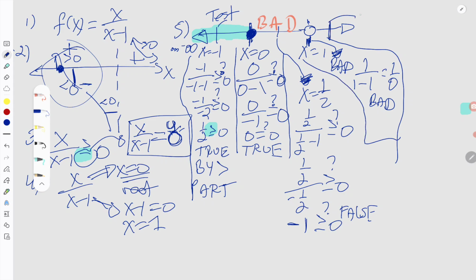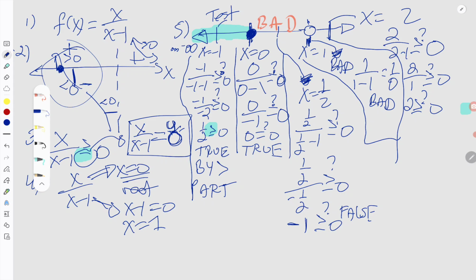Now if you grab x equals 2 here, you have to go through all of this. Check it out. You're going to do the following: 2 over 2 minus 1, and you're asking, is this greater than or equal to 0? So this is 2 over 1, which is 2. Is 2 greater than or equal to 0?